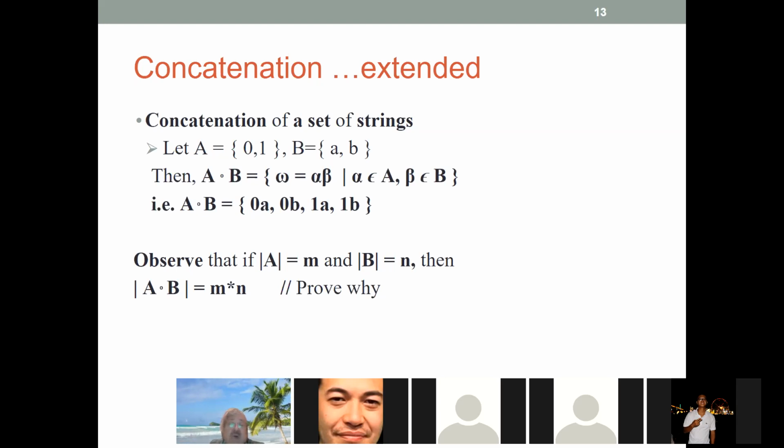Yes, thank you. Okay, concatenation once again. Concatenation of a set of strings. The set A, let it be 0 and 1. The set B contains a and b.